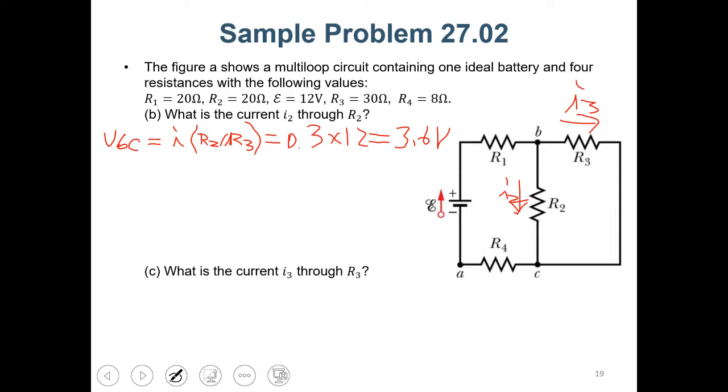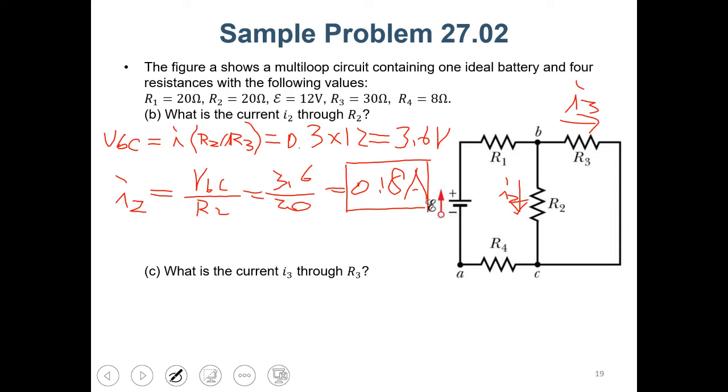So in this case, I reapply Ohm's law. I2 will be VBC over R2, which is 3.6 over 20. So it turns out to be 0.18 ampere.